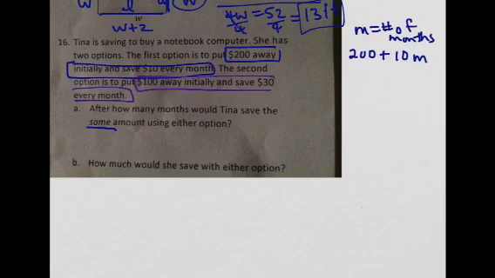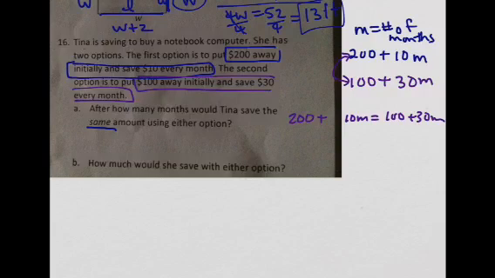So that's going to be $100 initially plus 30M, $30 every month. So after how many months would Tina save the same amount using either option? So when would these be the same? So we set up an equation, 200 plus 10M equals 100 plus 30M.